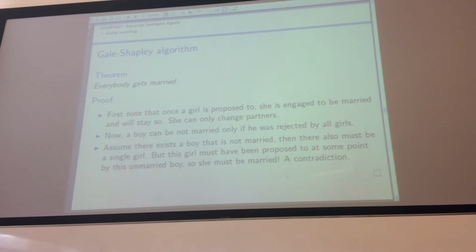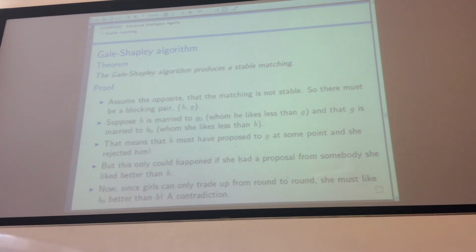If she was proposed to once by someone, she has to be married to someone, and she's single. A contradiction, so everyone gets married. Beautiful.